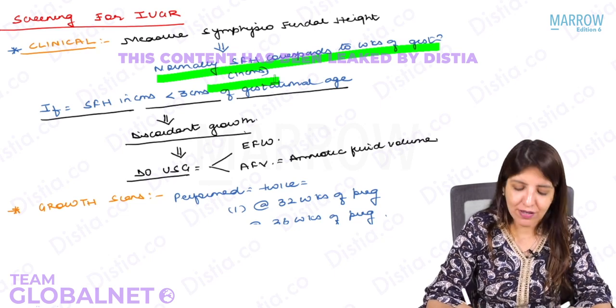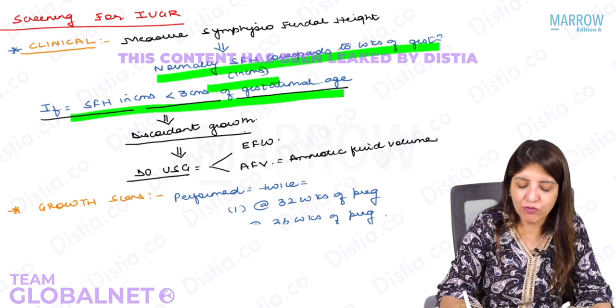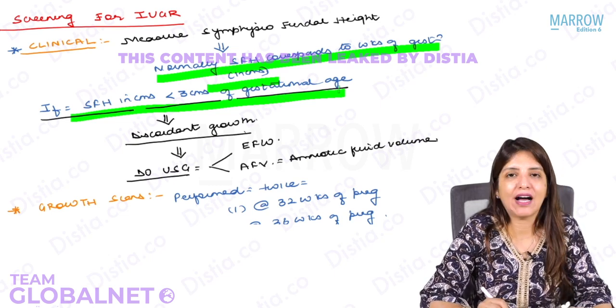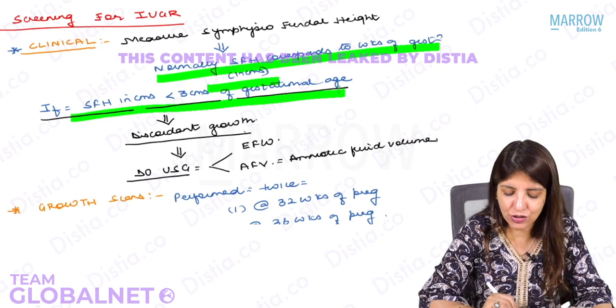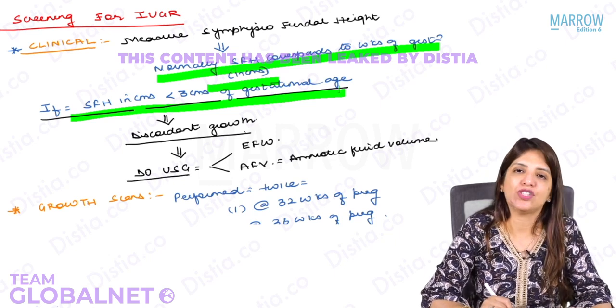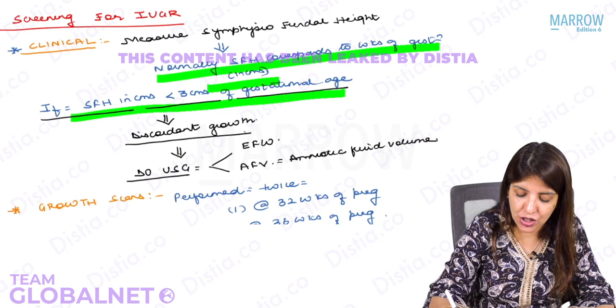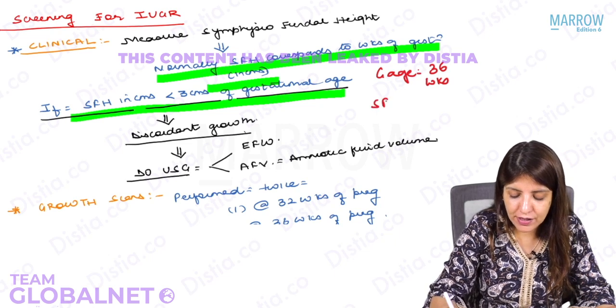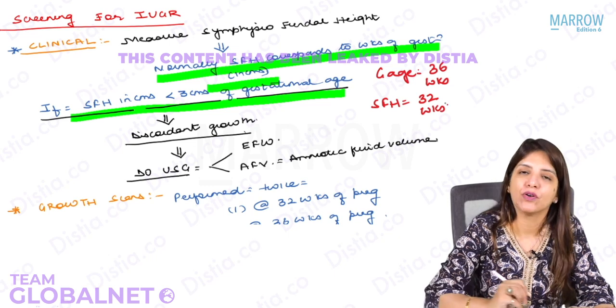Now, suppose there is a discrepancy of 3 weeks. In other words, the symphysiofundal height is coming less than 3 centimeters than the gestational age. For example, the gestational age of the patient is 36 weeks and you are getting symphysiofundal height as 32 weeks, right?